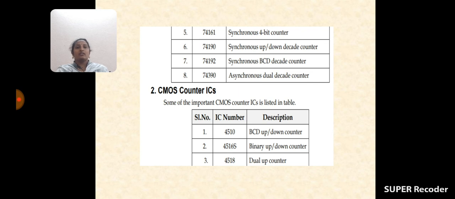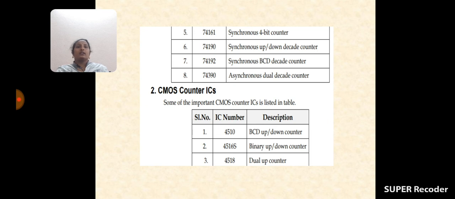Here 190 is a synchronous decade counter. So what is the difference between synchronous and asynchronous decade? Synchronous will provide high speed, asynchronous will provide low speed. And next one is 74192. It produces a synchronous BCD decade counter.